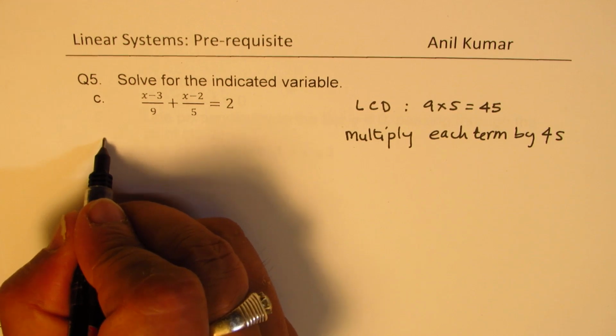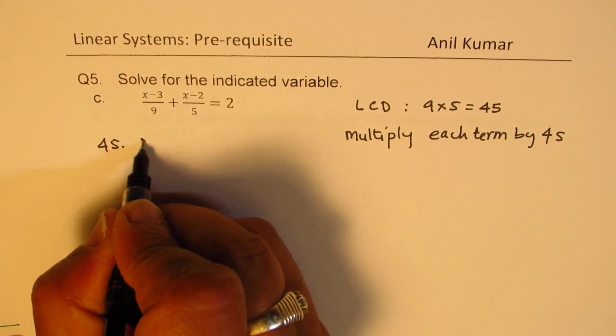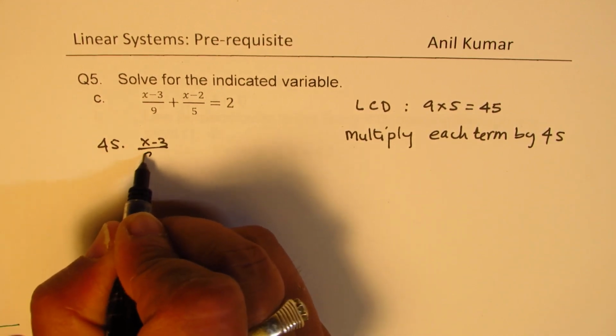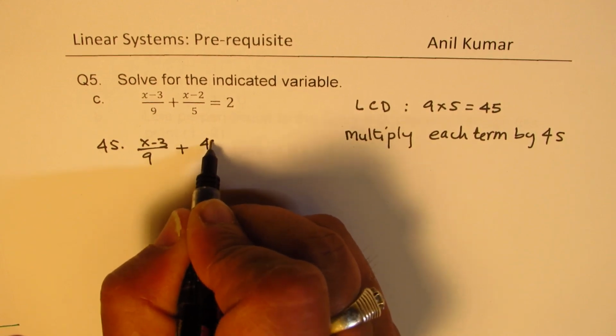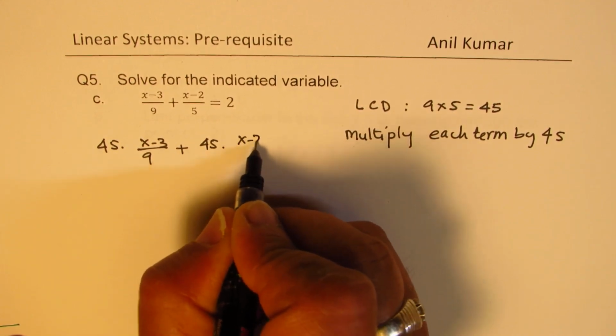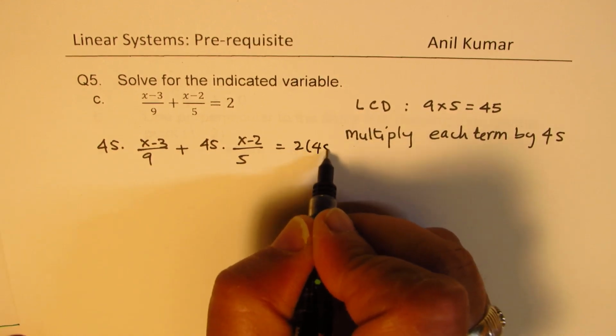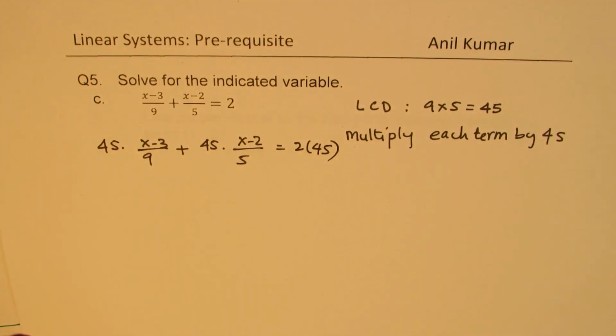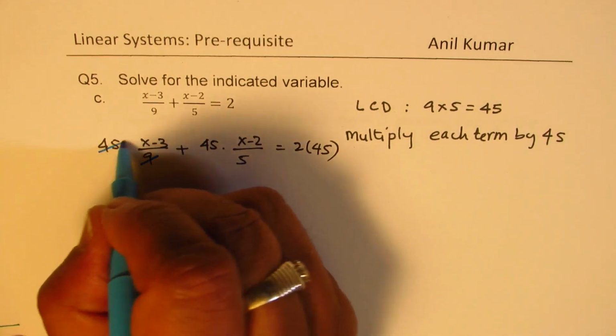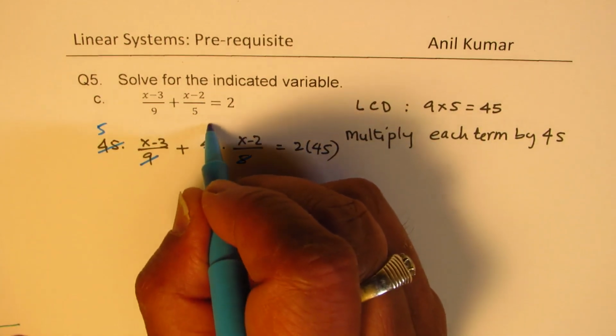So we could think like this: 45 times (x minus 3) over 9 plus 45 times (x minus 2) over 5 equals 2 times 45. Clear? Now the idea was to get rid of fractions. So that goes 5 times and this goes 9 times.